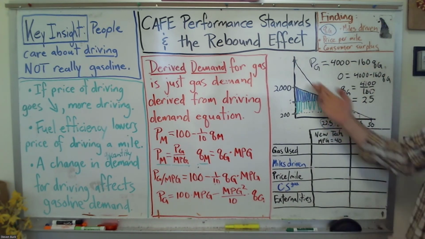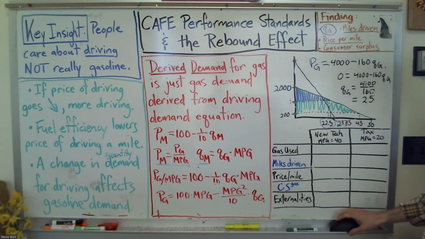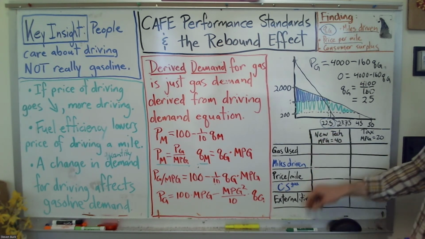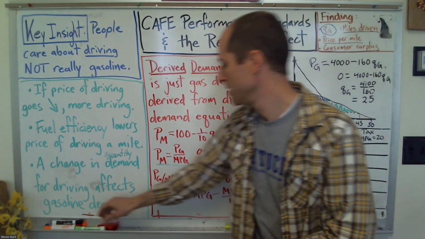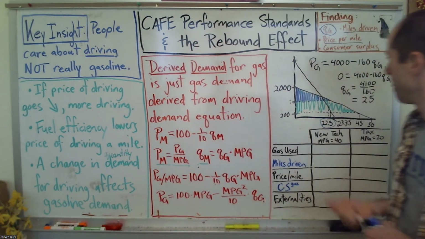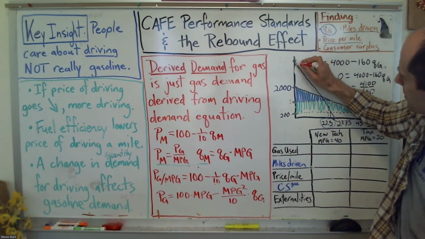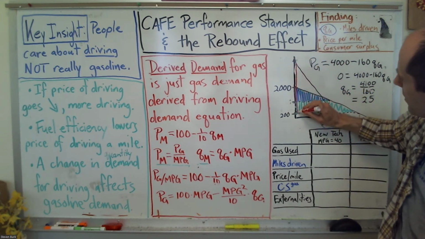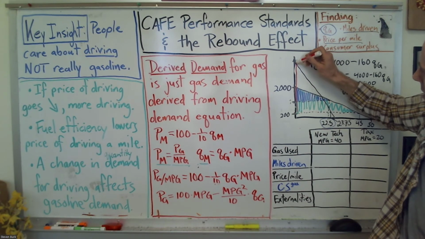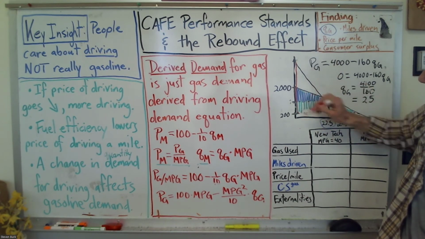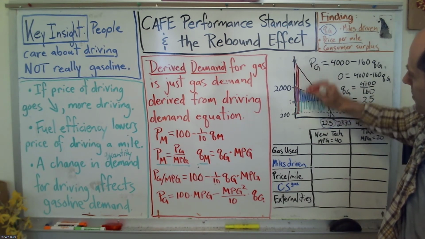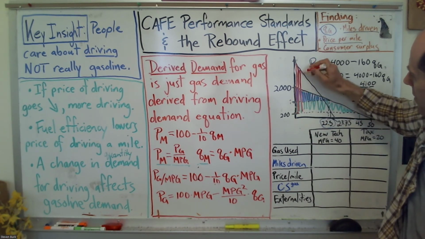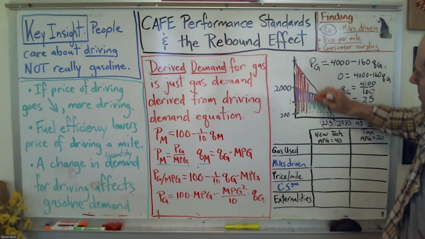Finally, let's use this new demand curve to think about consumer surplus. Well, consumer surplus, the first unit of consumer surplus is all the way over here and goes down to 200. The second unit of consumer surplus, the third, so on and so forth.